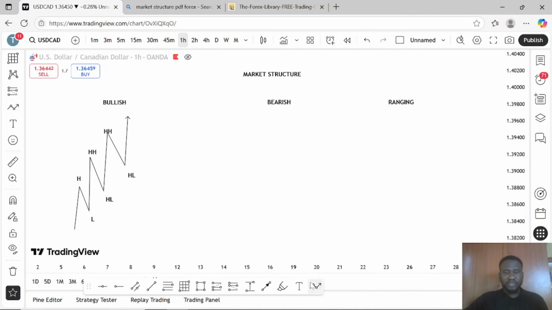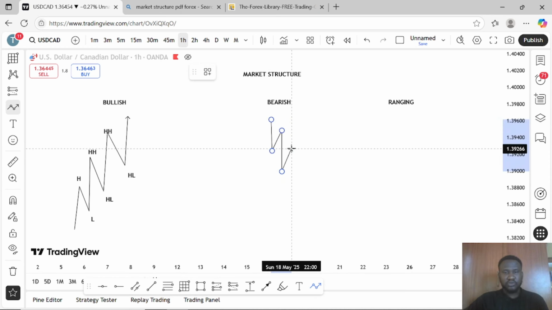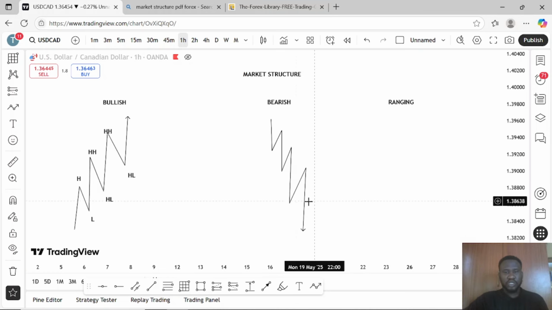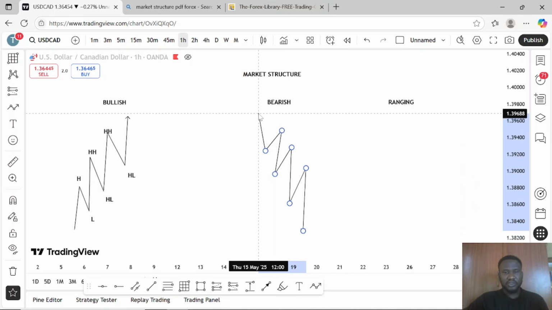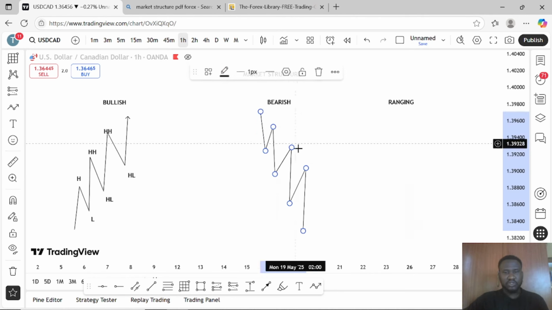Then when we have the bearish structure, it moves this way, and this way, and this way. Just like the bullish structure that we have, you can see the market is heading to the downside.